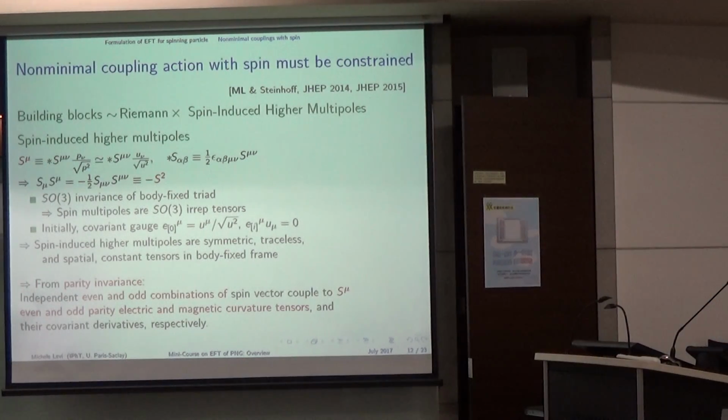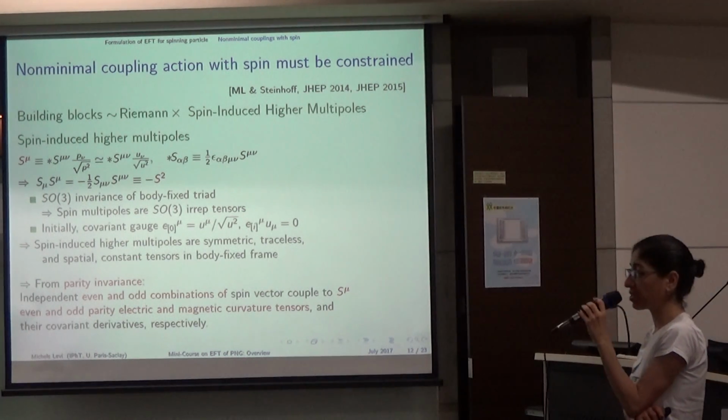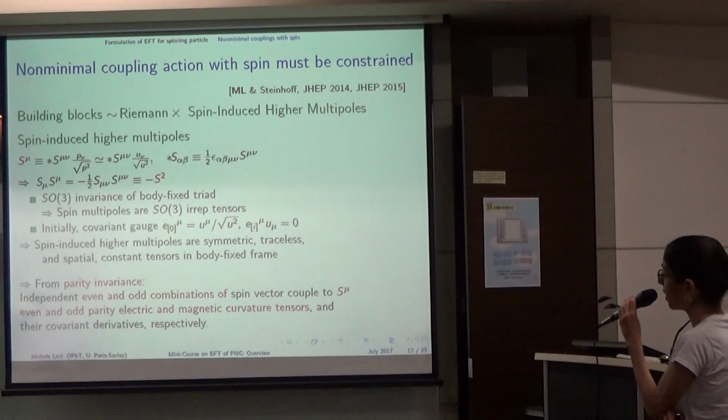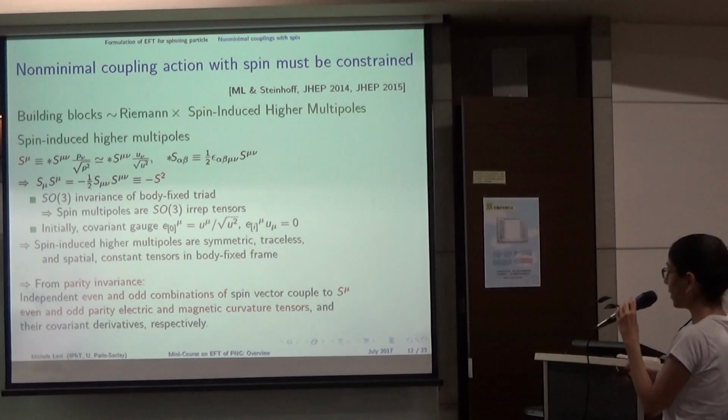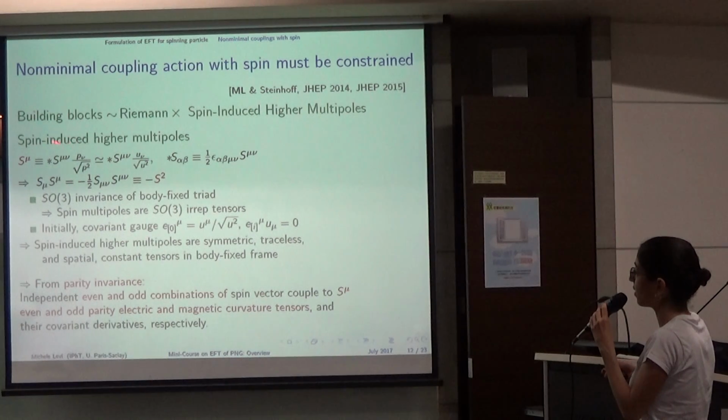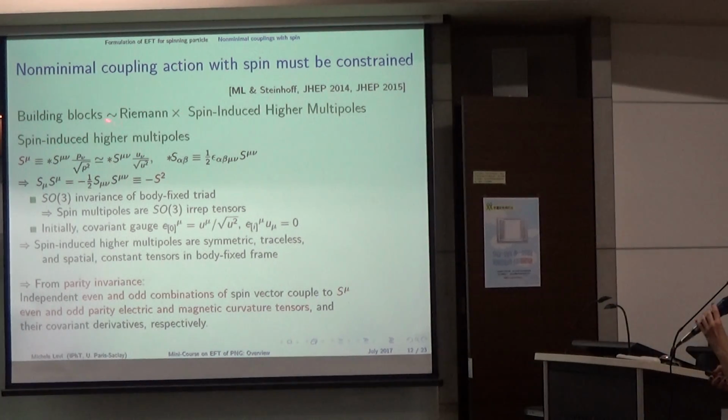Now, the non-minimal coupling of the action with spin must and can be constrained using all the symmetries that we observed earlier. Generally, the way to construct this action is to know that the building blocks are always a product of two ingredients.